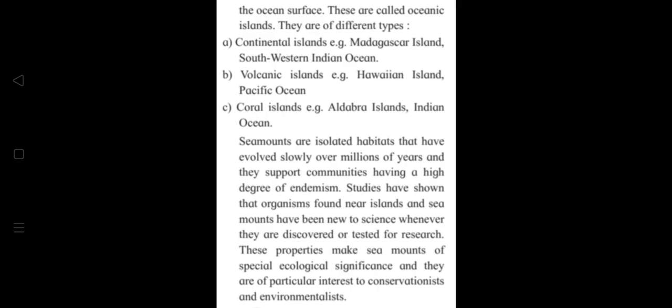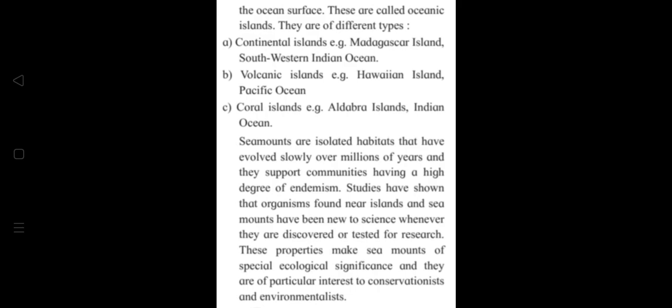Seamounts are isolated habitats. Isolated means it's at a remote place, with no habitation. They have grown over millions of years, and they support communities having a high degree of endemism. Studies have shown that organisms found near islands and seamounts have been new to science.